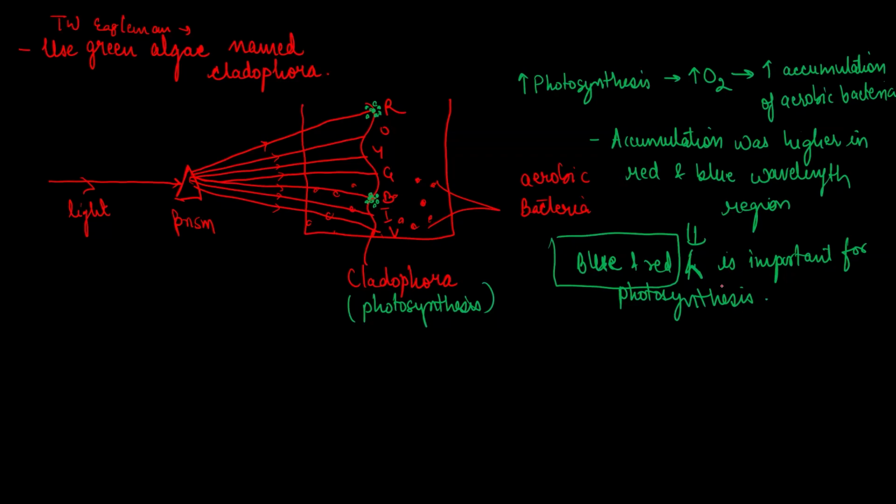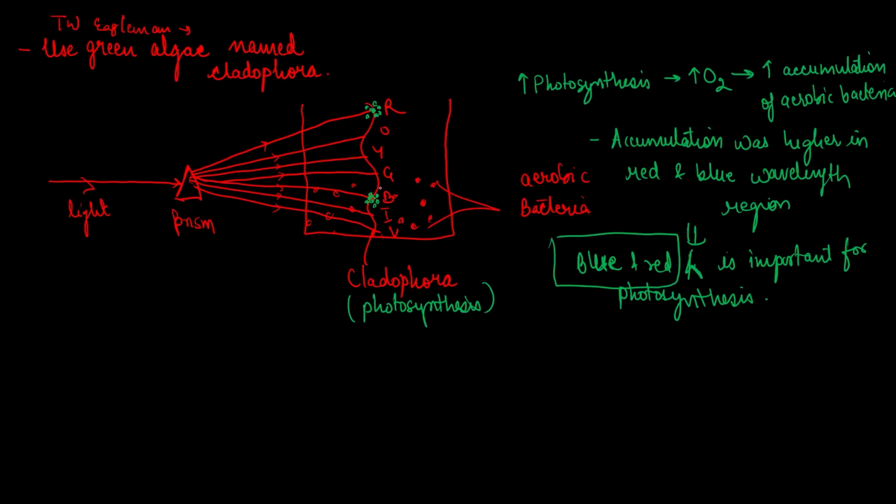The reason is that oxygen is formed as a byproduct during photosynthesis. So if there is an increase in the amount of photosynthesis, there will be an increase in the concentration of oxygen formed. This increase in oxygen concentration leads to increased accumulation of aerobic bacteria, because aerobic bacteria require oxygen for their survival.